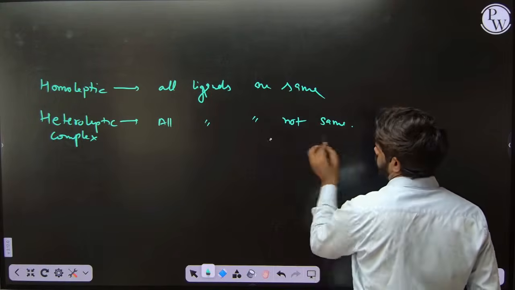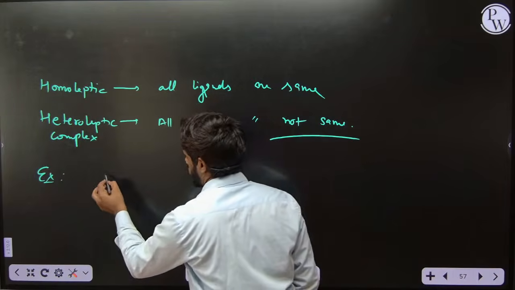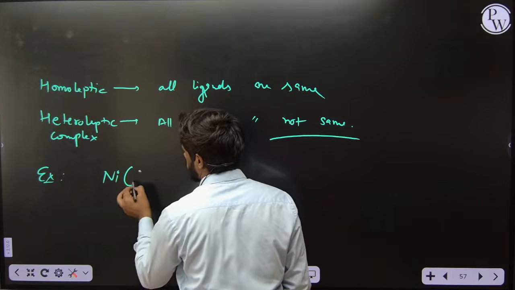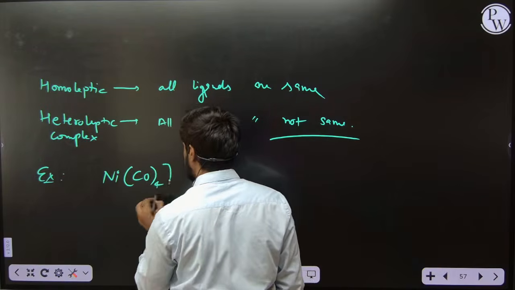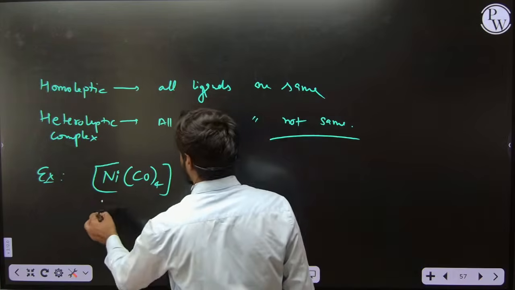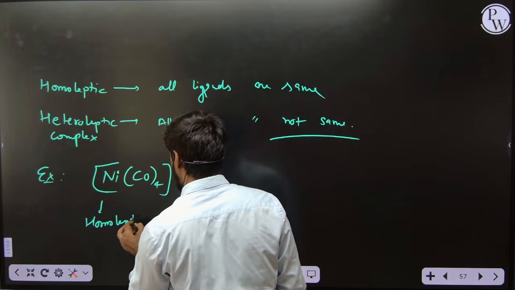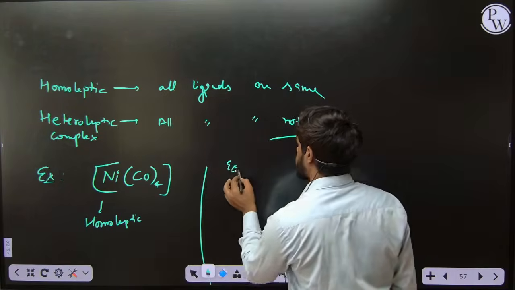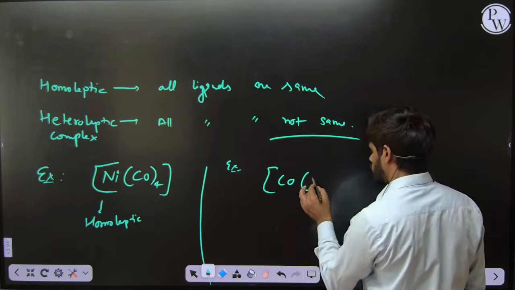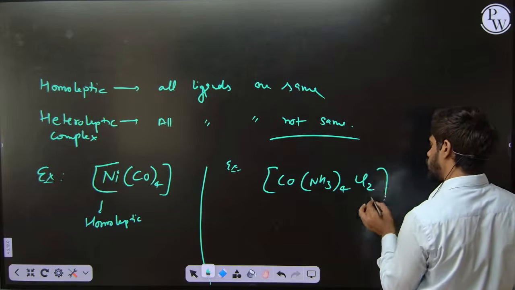Okay, so for example, Ni(CO)4 is homoleptic. Heteroleptic, for example, is [Co(NH3)4Cl2]Cl.